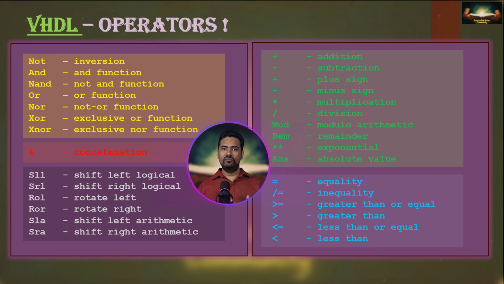In such cases, VHDL follows operator precedence to perform the actions. And if you do not follow the right precedence level, then you may not get the expected output. Hence, in the next session, we will be covering operator precedence in VHDL. So don't miss the next session, because I will also tell you the best practices when you need to use multiple operators in one single statement so that you get the right results for your designs every time.